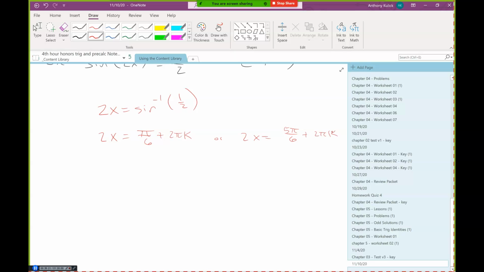Is everybody okay so far? So now, when I get the x by itself and multiply both sides by 1/2, I get pi over 12 plus pi k.